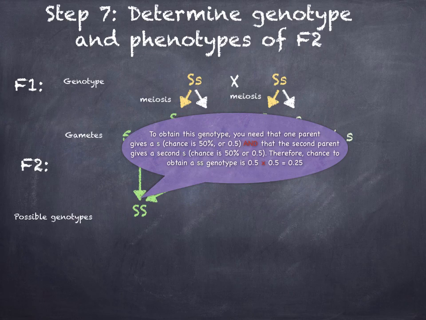You need to multiply these two probabilities, so it is 0.5 times 0.5. It gives you a probability of 0.25, or 25% chance to obtain this genotype in the F2 offspring.